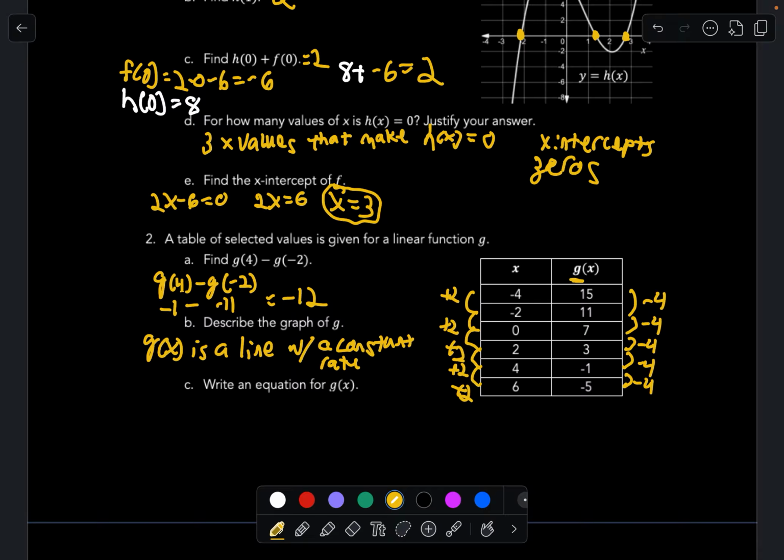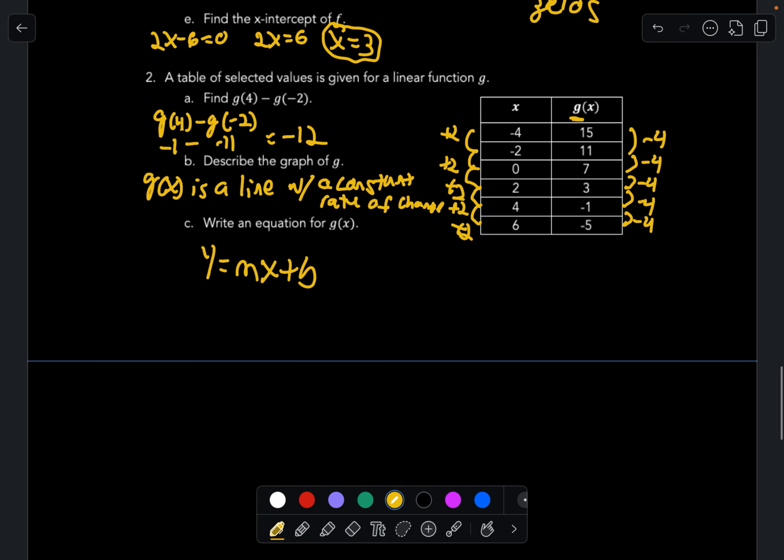And the last one is simply now write the equation of that line. So remember, to write the equation of a line, y equals mx plus b, we have to know what the y-intercept is, b. Luckily, we do know that because it's given to you when x is 0, and that's 7. So b is 7, and then the slope is going to be the change in y over the change in x.